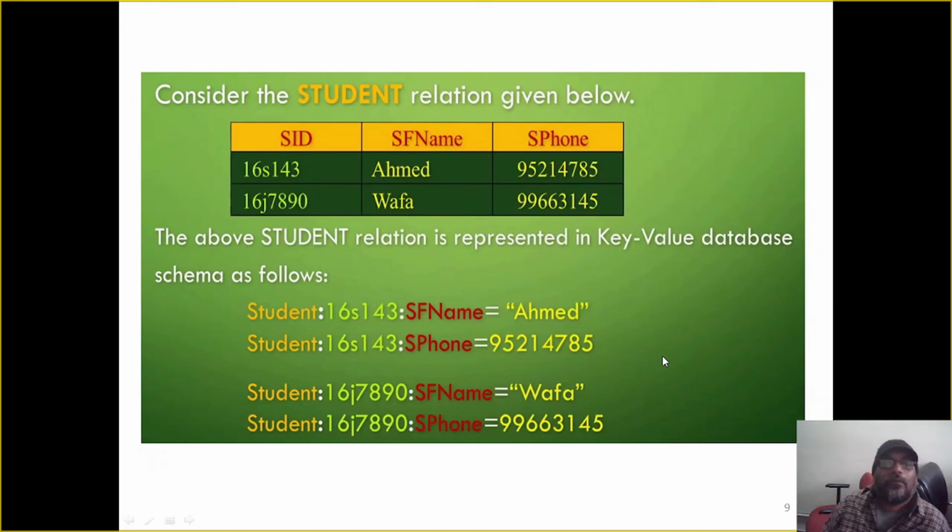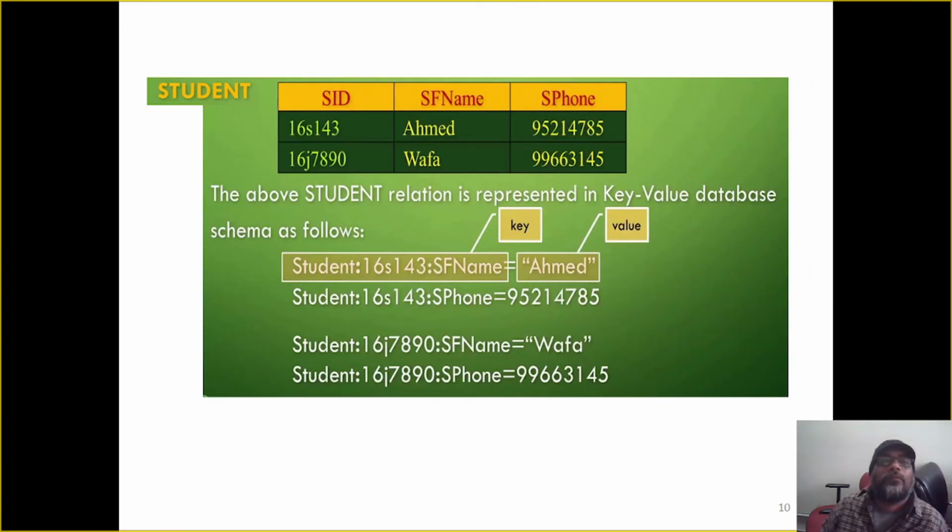Now if we show the relation, so this is the complete key. You see, this is the complete key and this is only the value. So the complete key here has this table name, student, this ID, and then this is the value, this phone number value.